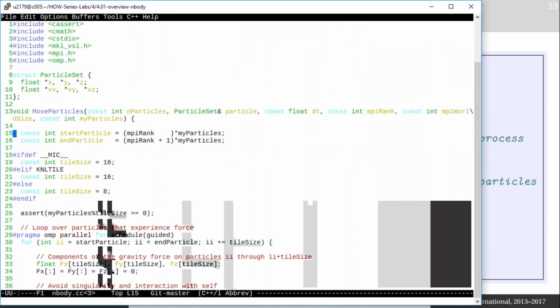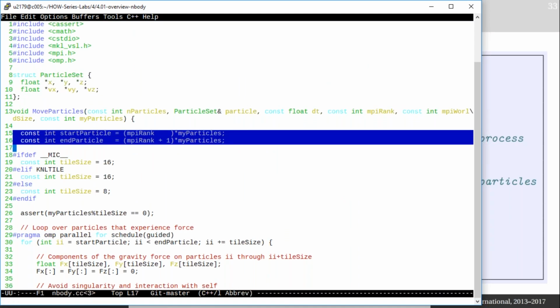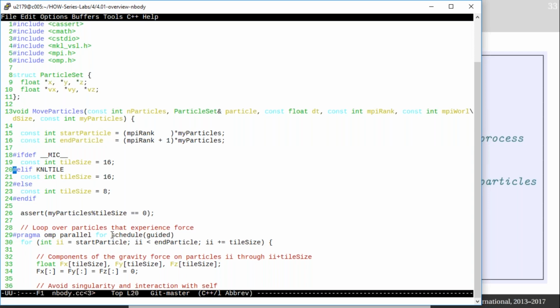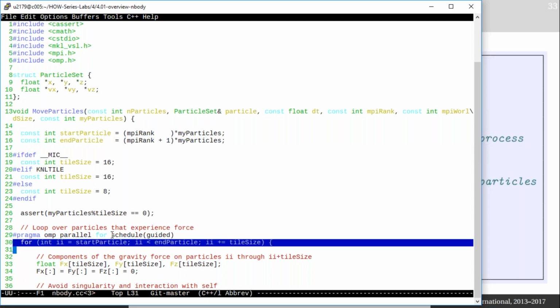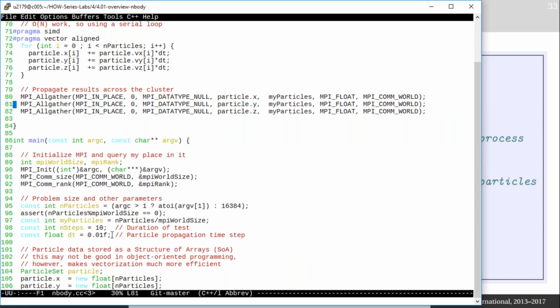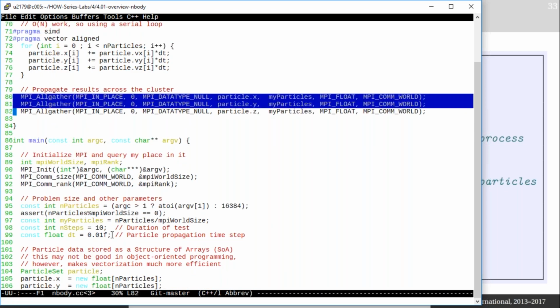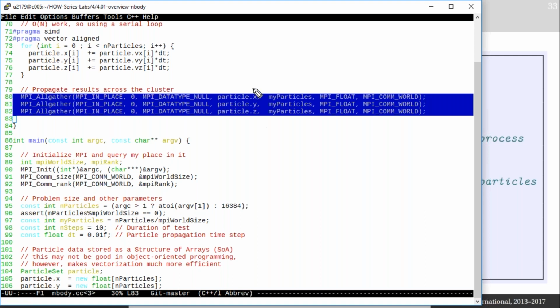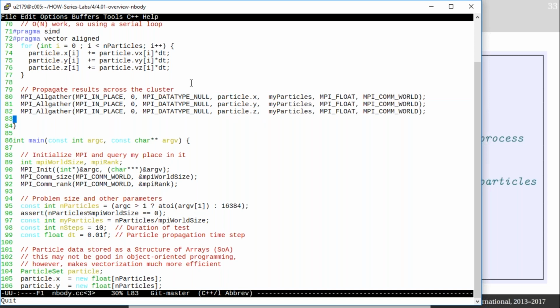It uses the same principle as we used for the integral calculation. Start particle, end particle is the new limit for that main loop. And MPI itself appears at the end here when we call MPI AllGather 3 times, once for particle x, y, and z. So MPI does all the work regarding the algorithm that AllGather uses.